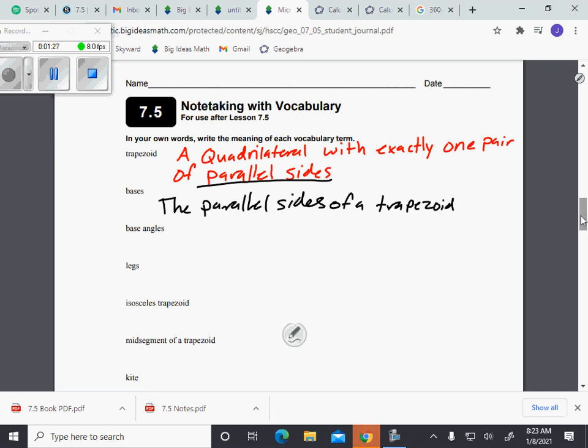Okay, so if I had a trapezoid, doesn't matter. Let's say I had something like this. Okay, and these sides are parallel. Those are my bases.